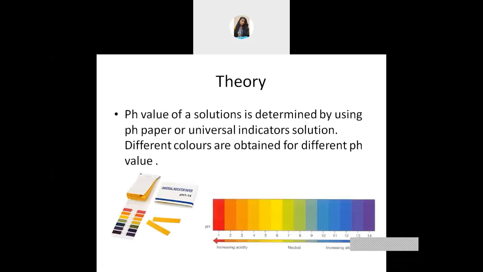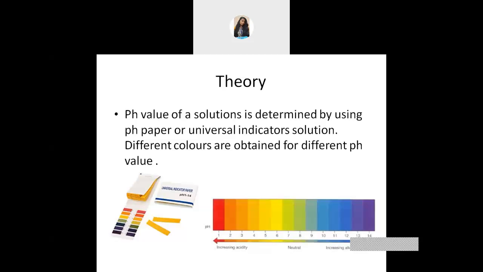So, for this experiment, we have to know what is pH paper, what is pH scale, and what is pH value. For this experiment, you have to take this pH paper. This strip-like yellow paper is called pH paper. Using this pH paper, we can determine the pH value of different solutions.